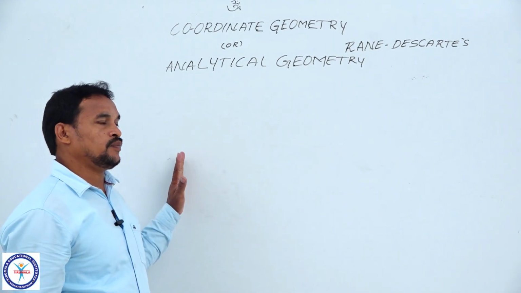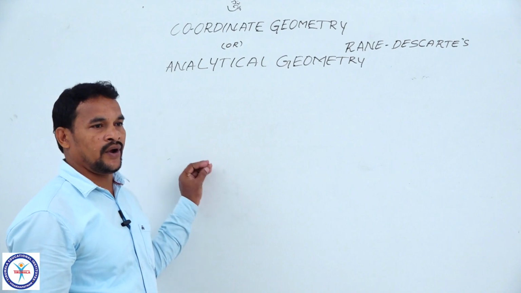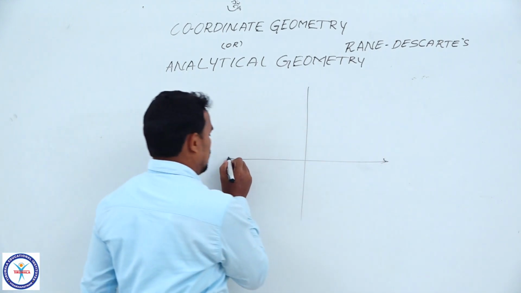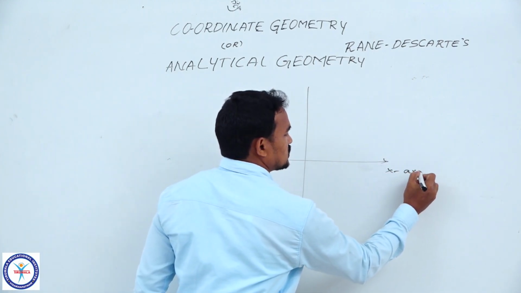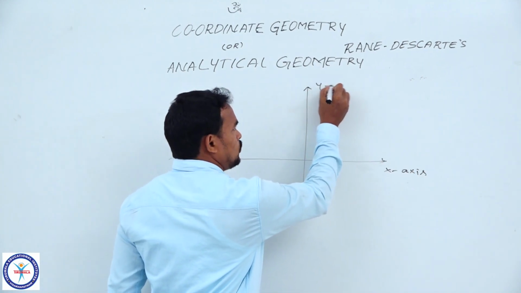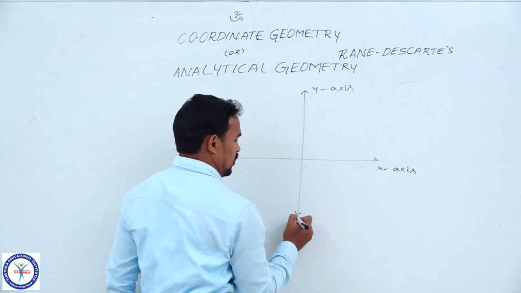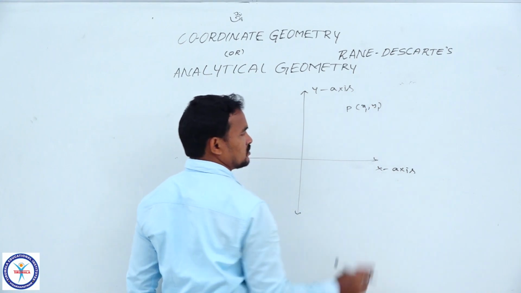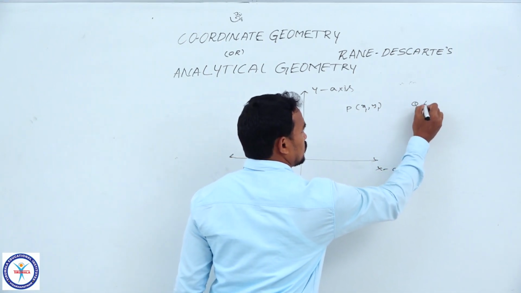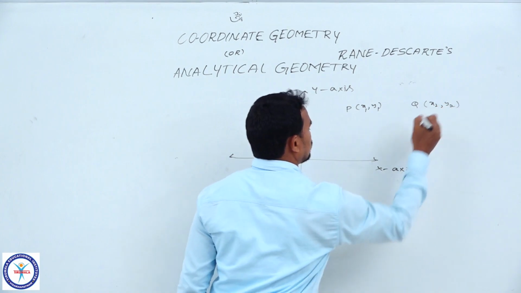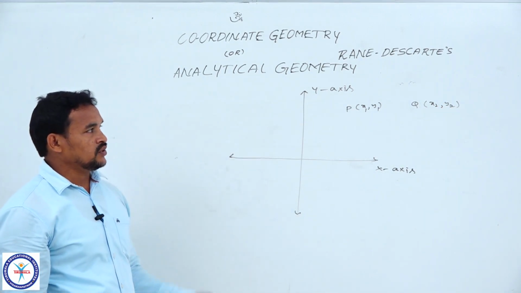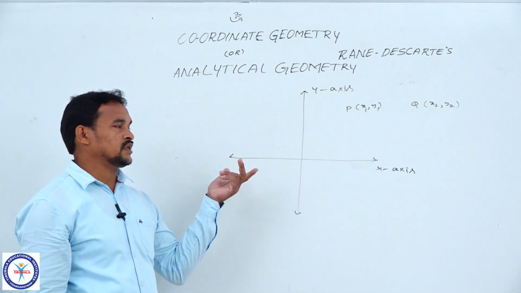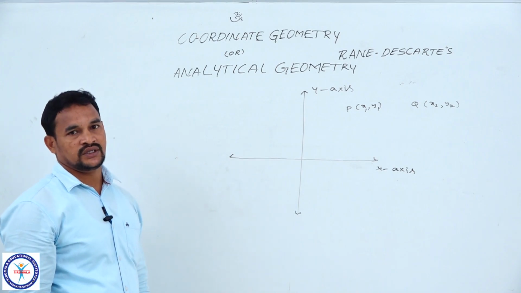You will take one point on the plane. How will you take that point? Here see, in the x axis and y axis, you will take 2 points. One point is P, x1 comma y1. One more point is Q, that is x2 comma y2. When you take 2 points, maybe the 2 points lie in the same quadrant, sometimes not in the same quadrant.